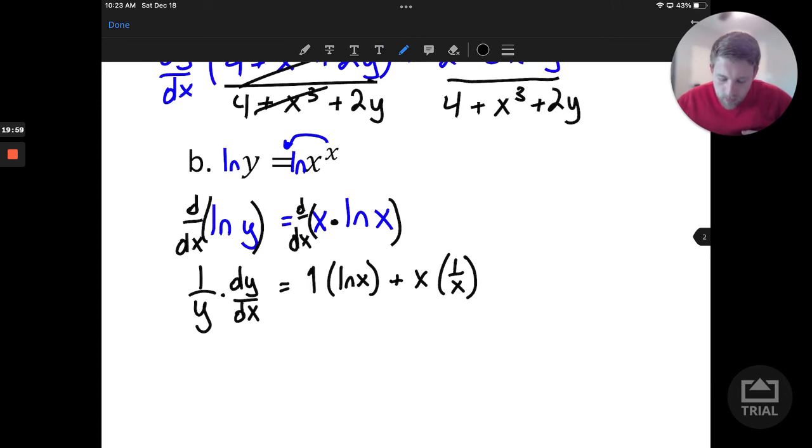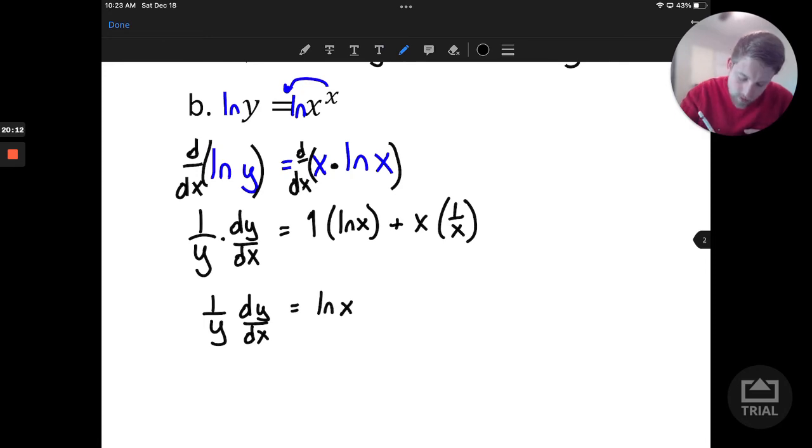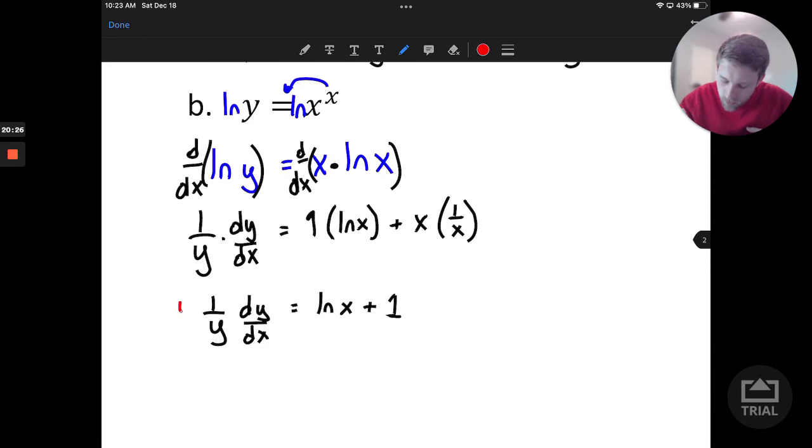We can do a little bit of simplification. We'll keep this side 1 over y, dy dx. And then we have ln of x plus x times 1 over x, which is just going to be 1. So that simplifies nicely. And we'll notice here that we can just multiply both sides by y to get our dy dx back.